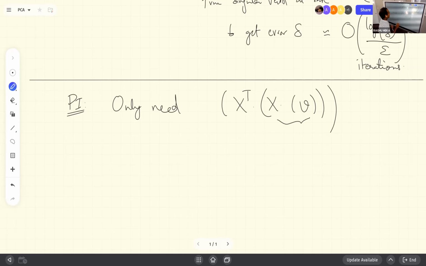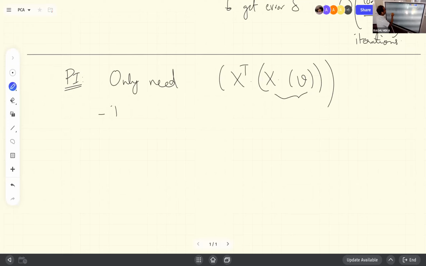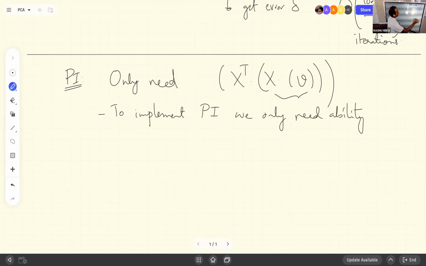To implement it, we only need the ability to compute matrix vector products.